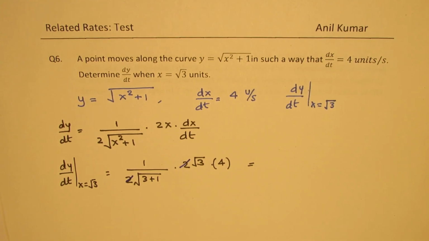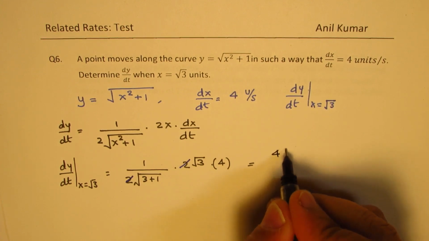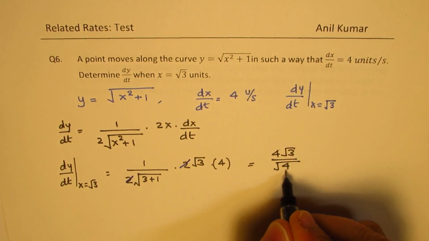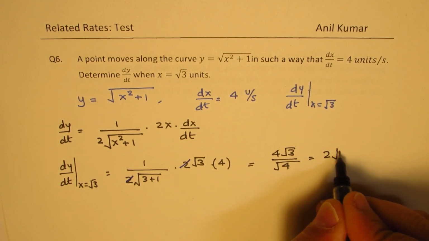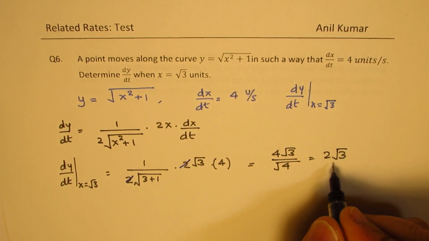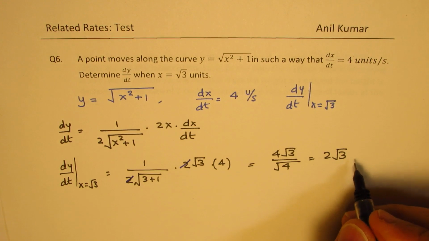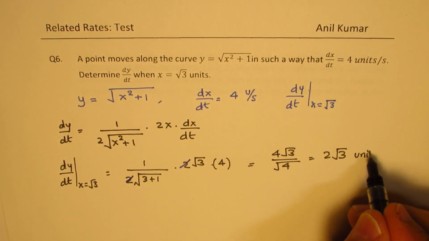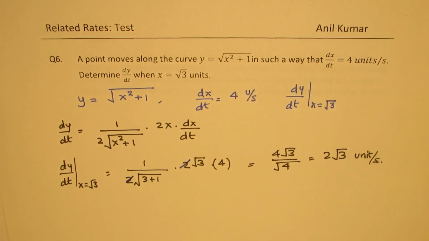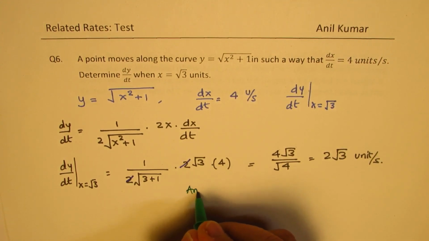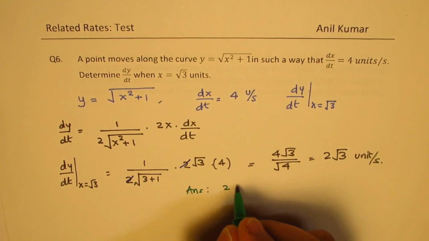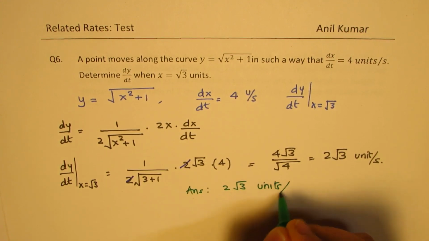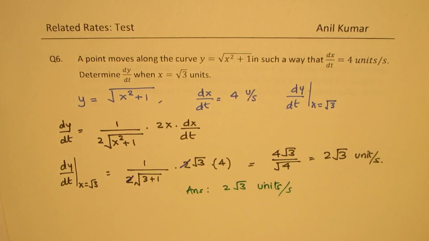So we get 4 square root 3 over 2, which gives 2 square root 3 as our answer, and dy/dt will be in units per second. So in our case, the answer will be 2 square root 3 units per second.